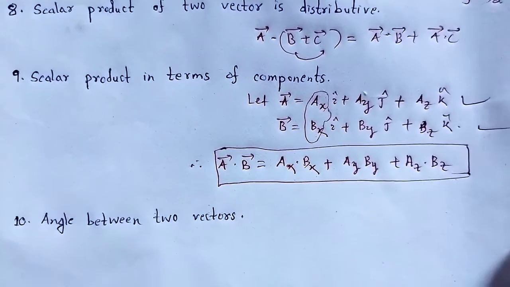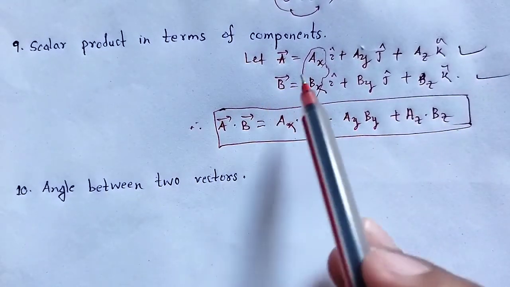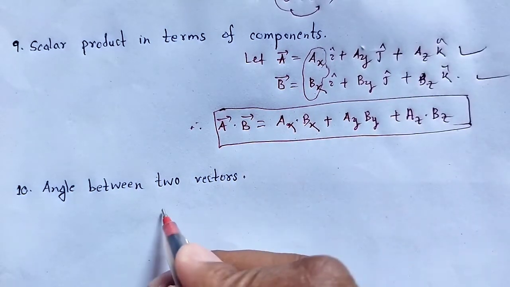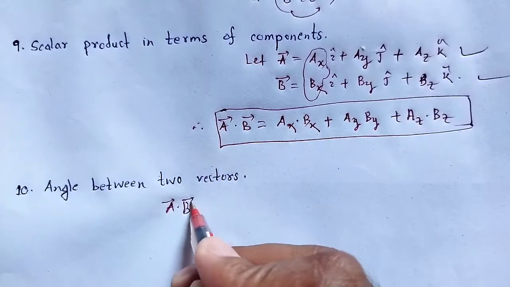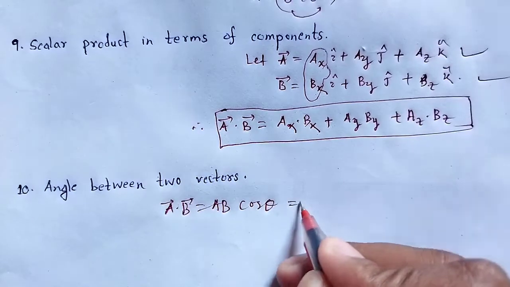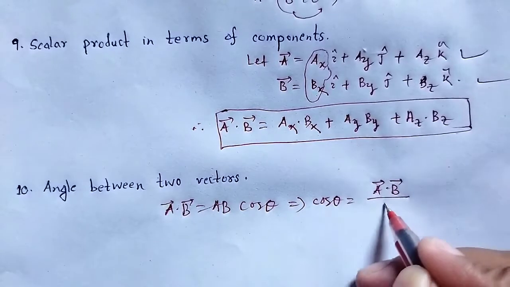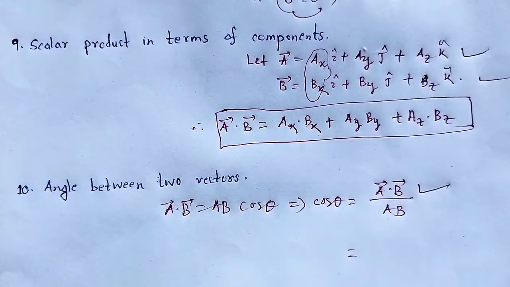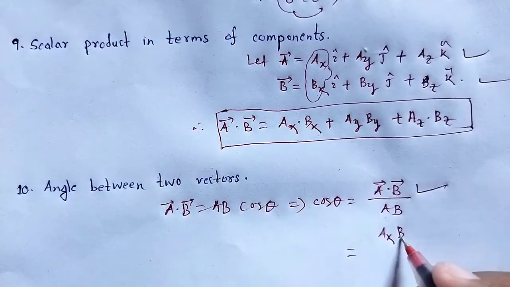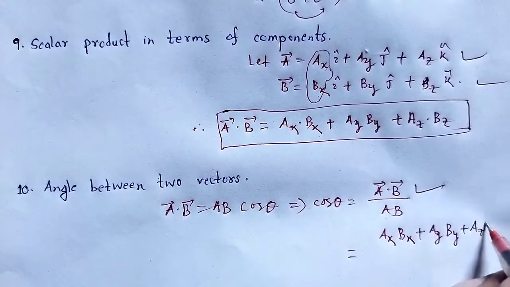Another property, angle between two vectors. In the previous case we considered the rectangular components of these vectors. So A dot B is equal to AB cos theta, which implies cos theta is equal to A dot B divided by AB. In terms of components, A dot B is Ax Bx plus Ay By plus Az Bz.